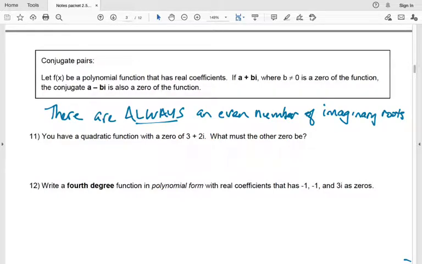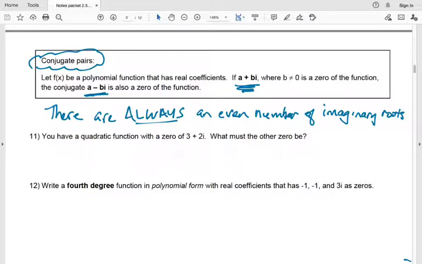Okay, so what I just said was there are always an even number of imaginary roots. So I just kind of hand wrote that on there real quick. So we have something called conjugate pairs. When you know that you have one imaginary root with a plus sign, there's also going to be another one with a minus sign. Those are conjugates of each other because you have to have an even number of imaginary roots.